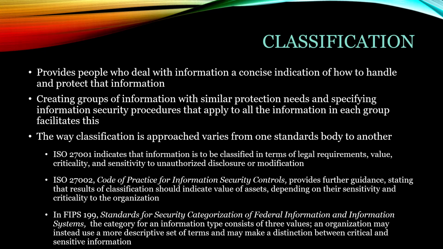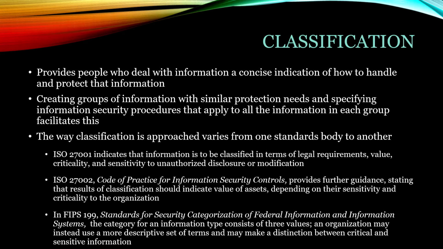Within the FIPS standard for security categorization of federal information and information systems, they provide a more precise definition of security categorization, specifying the following generalized format. The information type is based off of the confidentiality, the integrity, and the availability impact of said piece of information.